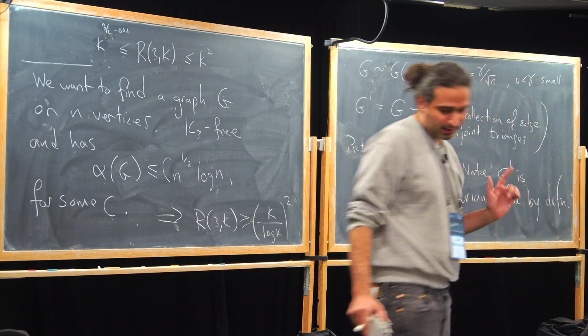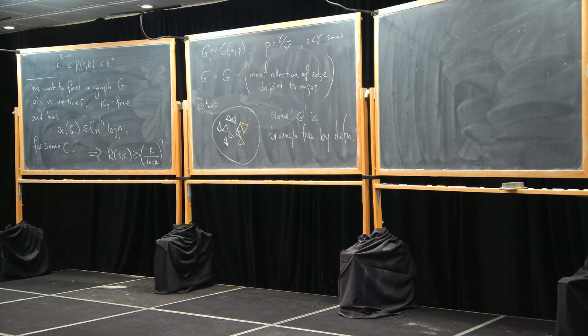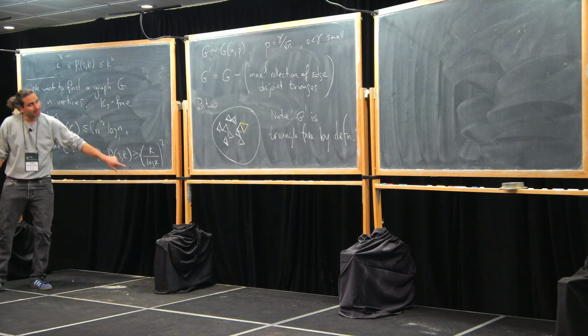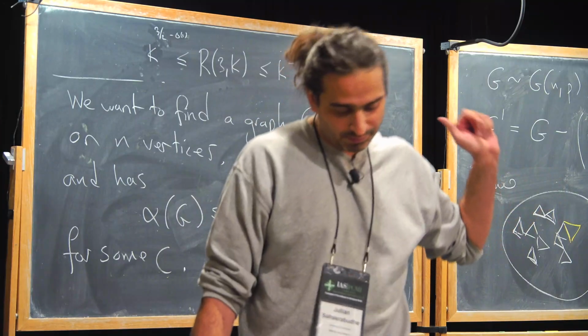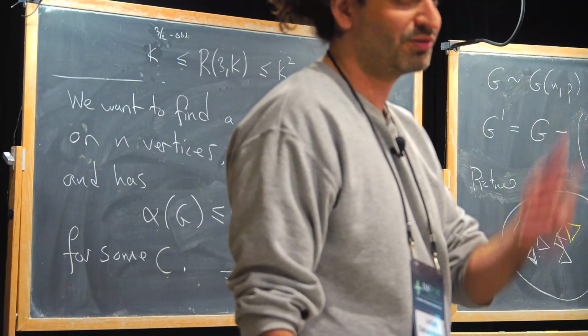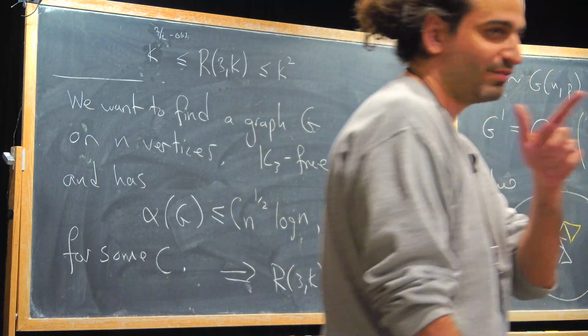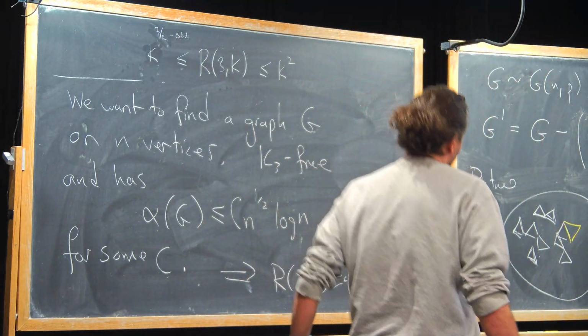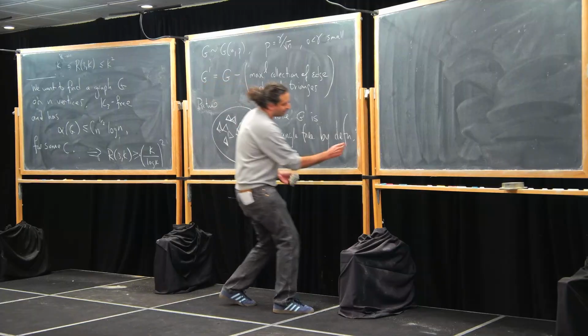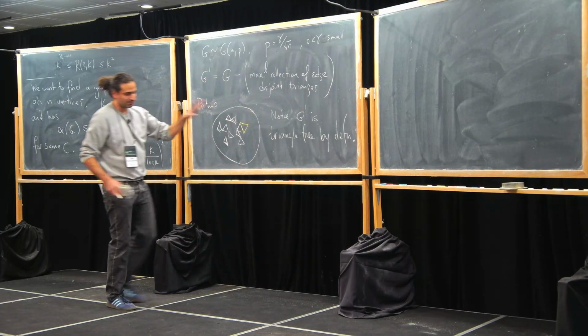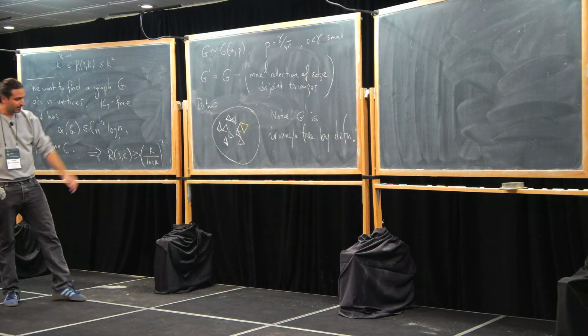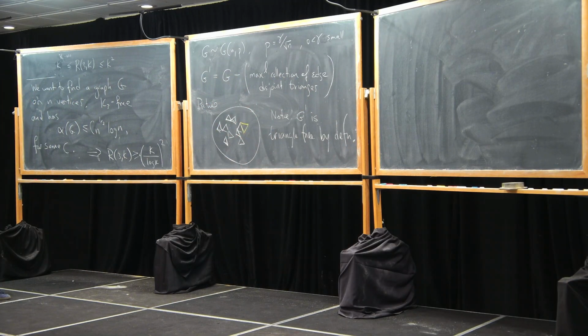I mentioned yesterday that this proof is originally due to Erdős from the 60s, but the proof I'll follow is actually due to someone who's here, Michael Krivelevich. It introduces some nice ideas that we'll see echoed in the last couple lectures of the course.